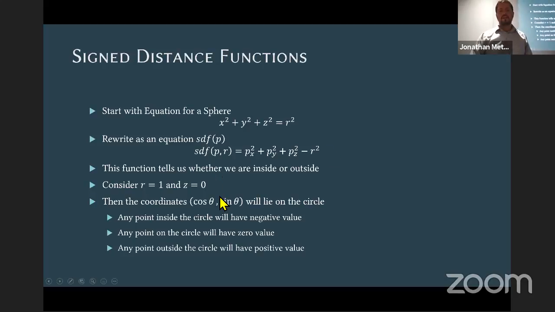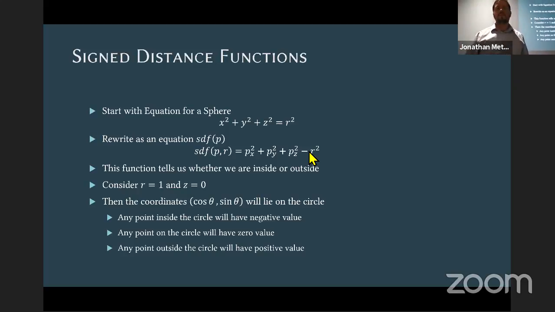And if we set the radius smaller, say the radius was 0.8, and we're looking at all the points on the sphere, then we have cosine squared theta plus sine squared theta, so we get 1 minus 0.8. Now we have a value that's bigger than 0, so 0.2, and we're outside.